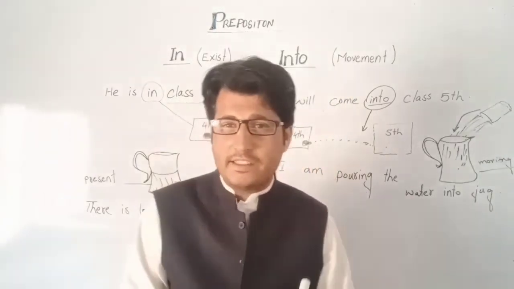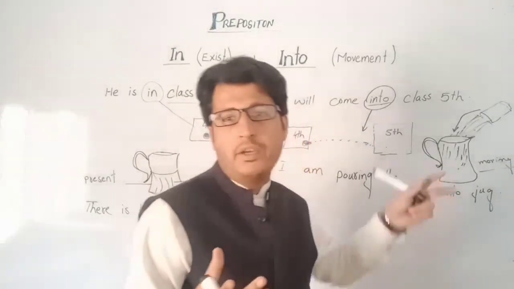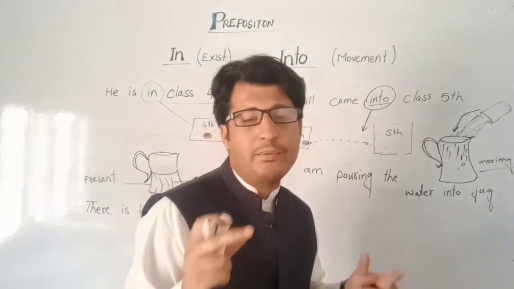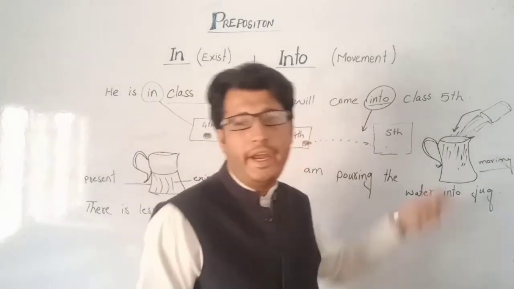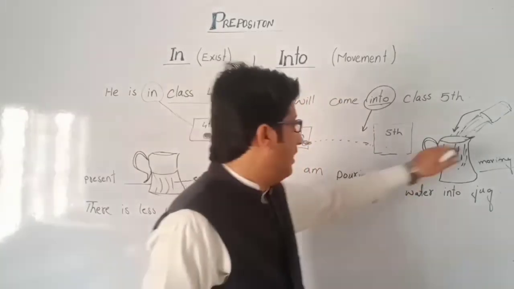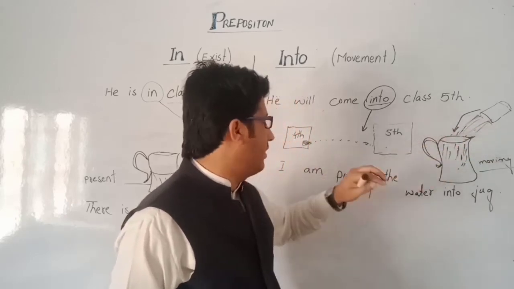While if it is not present and water is being poured into something else, then we use into. Water is being poured into another object, such as over here water is being poured into the jug.